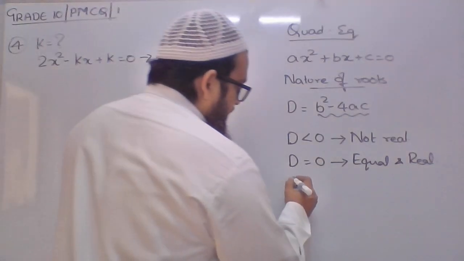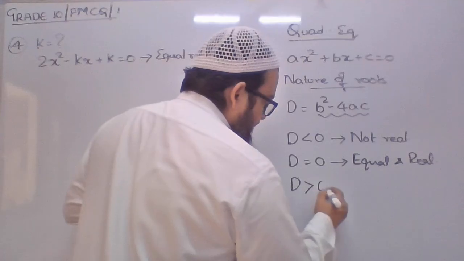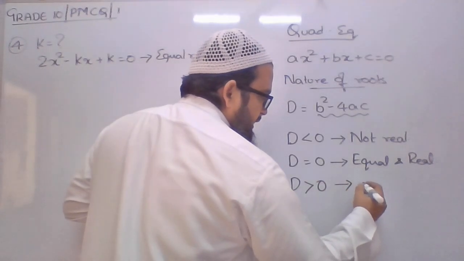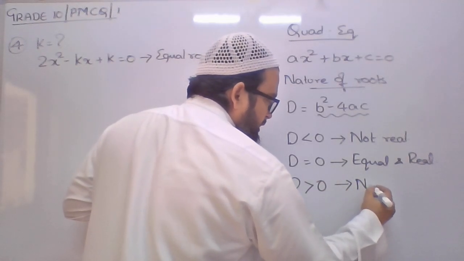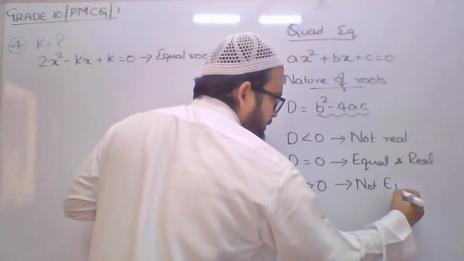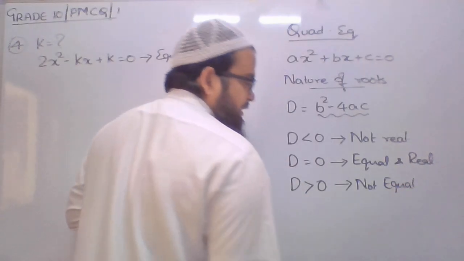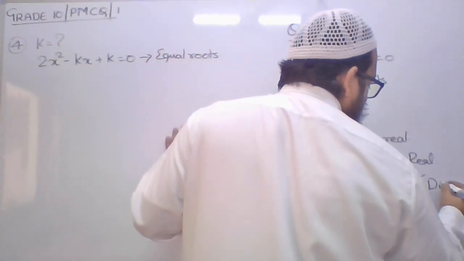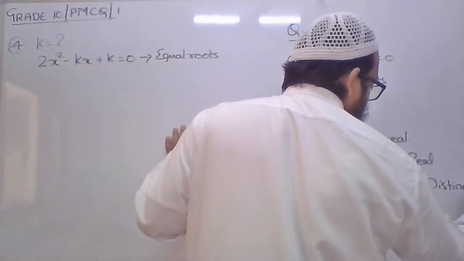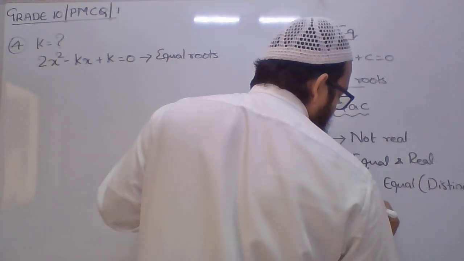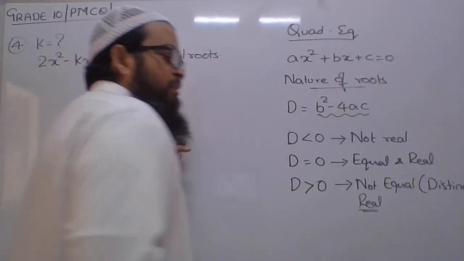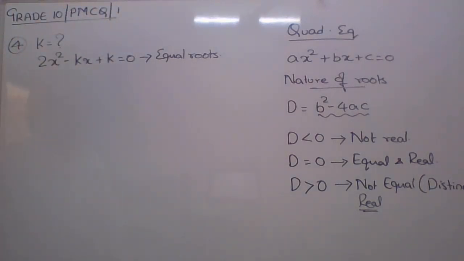Understood? If the discriminant is greater than 0, then they are not equal. That means they are distinct roots. They are real roots, but they are distinct.